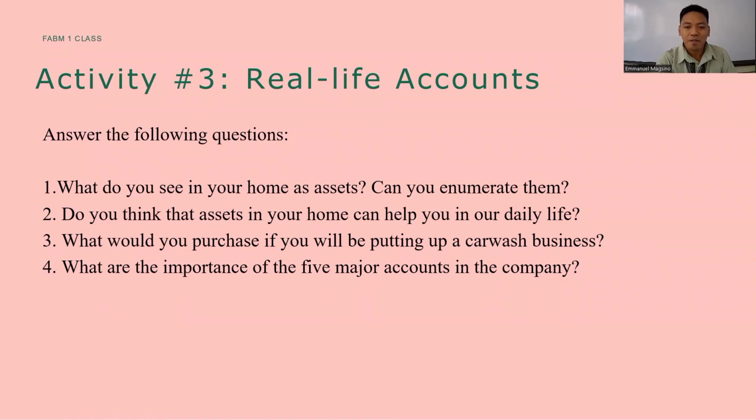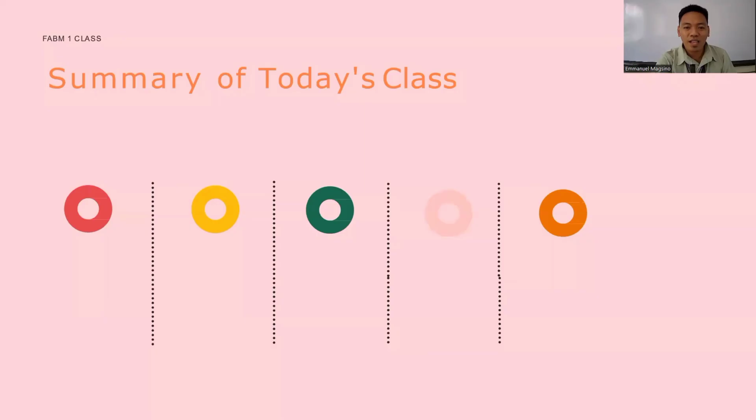Okay, so now for our generalization. What is our mnemonic aid to recall our 5 major accounts? Yes, Ronaldin. Alerex, correct. What does Alerex stand for? Yes, Fiona. A is for assets, correct.